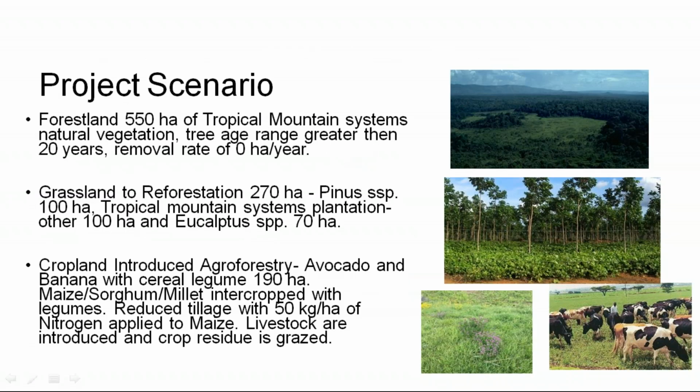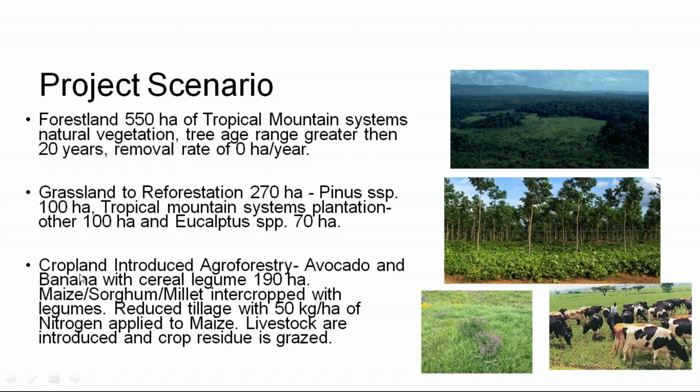So the project scenario, we protect all of our forest area in that large polygon, and we're going to change our tree removal rate to 0 hectares per year. So we're going to assume that we stop deforestation completely.